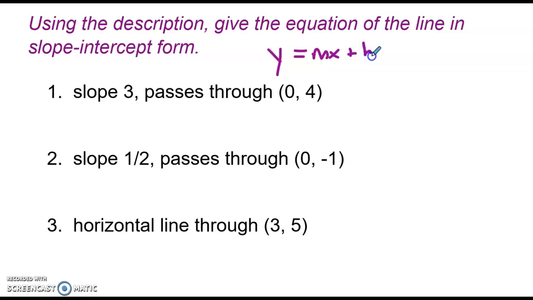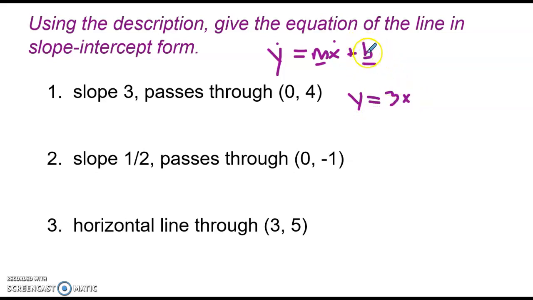So in every single problem today, we're solving for m and we're solving for b. That's what we have to find, and we just plug that information in. Y and x just stay the same. They're just going to appear in the equation. But like I said, there's really nothing to solve for here because they just come out and tell us what the slope is. So right away, I can write y equals 3x.